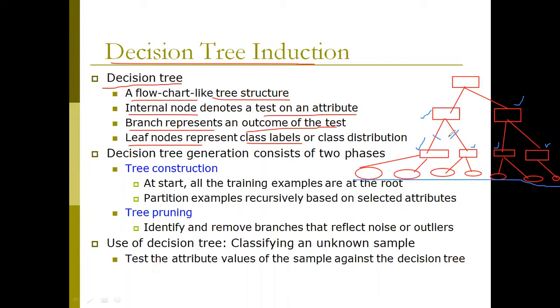These branches represent the outcome of a test. At the root node and at each internal node, we are going to perform tests on a given attribute.